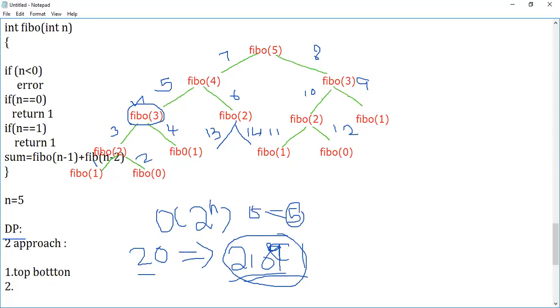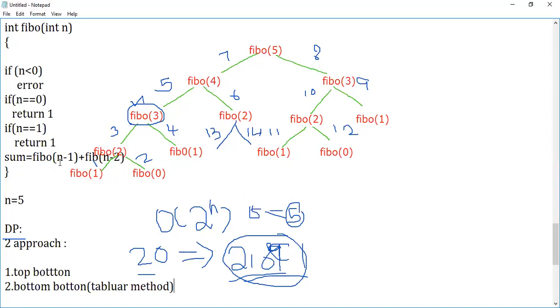The second is the bottom to top approach, also called the tabular method. As of now, we'll just go with the first approach, and I'll make you understand with it.